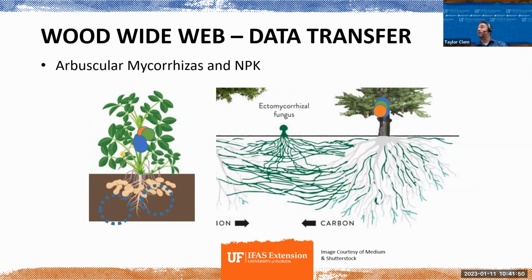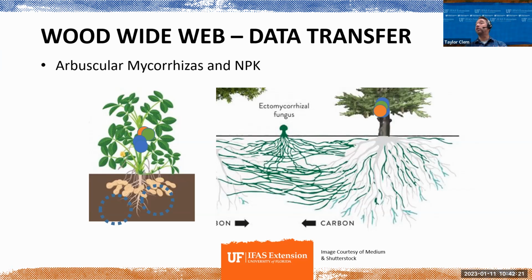But one of the big things is, if we over-till a lot of our soils, it's easy for us to break these connections. So there's a lot of research being done on having a better understanding of how we could facilitate these connections to make sure that we can benefit from them, not just in natural areas, but in agriculture, and how can we benefit from them in our own personal gardens as well?